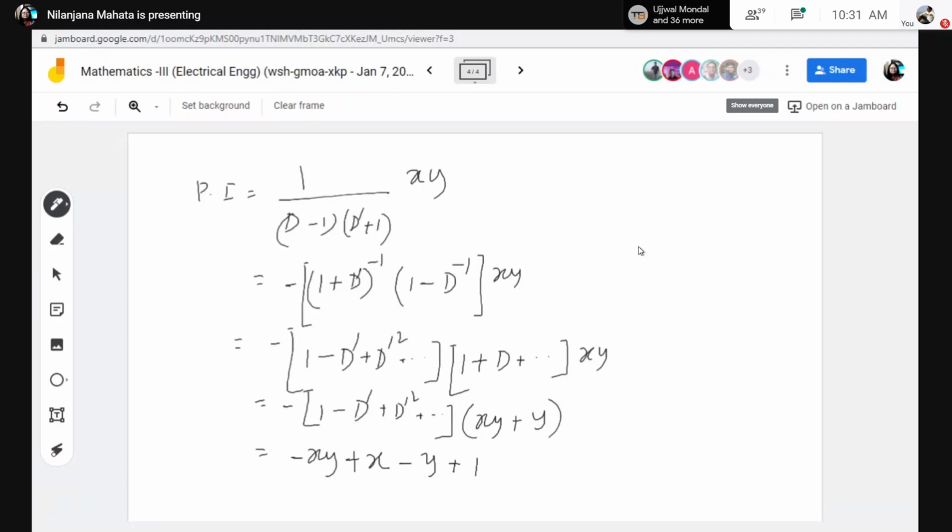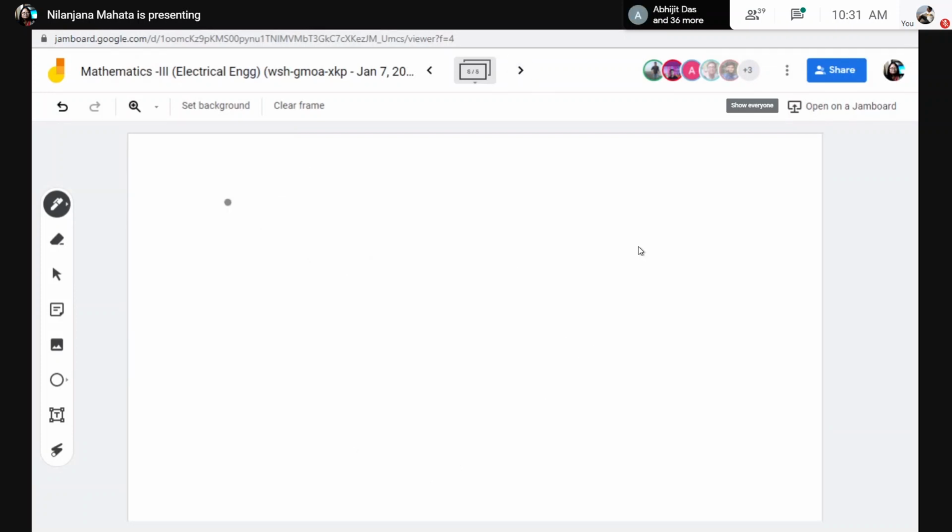Yes, ma'am. Okay, or otherwise you can multiply these two, whatever is convenient to you. Now I am giving you another example you have to solve. Like d square minus dd dash minus 2d square, z is equal to 2x plus 3y.